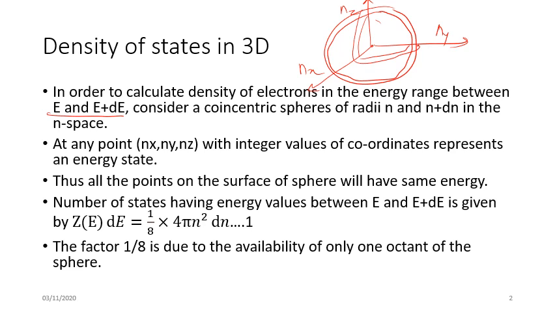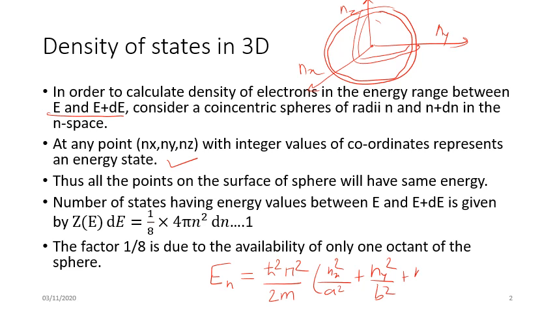Any point nx, ny, nz with integer values of the coordinates represents an energy state, as we have already seen. The energy En is given by h cross square pi square upon twice m, into nx square upon a square plus ny square upon b square plus nz square upon c square.